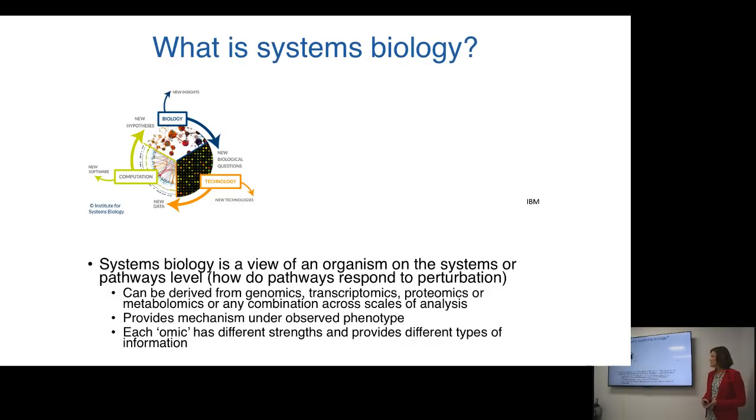So, systems biology is a field that is looking at biological phenomenon on a larger scale level, and it's combining information from multiple skills across biology. And that usually involves the use of computation or bioinformatics as well.